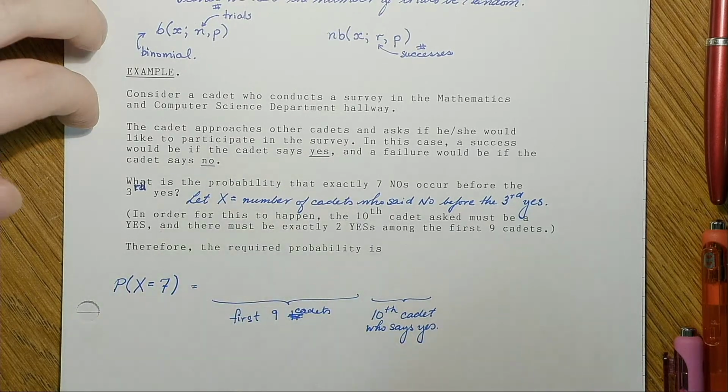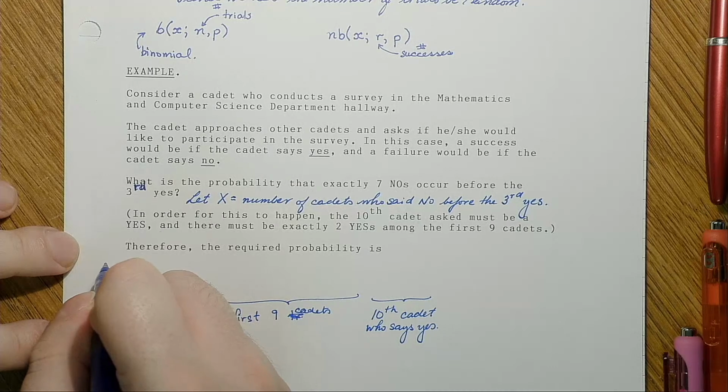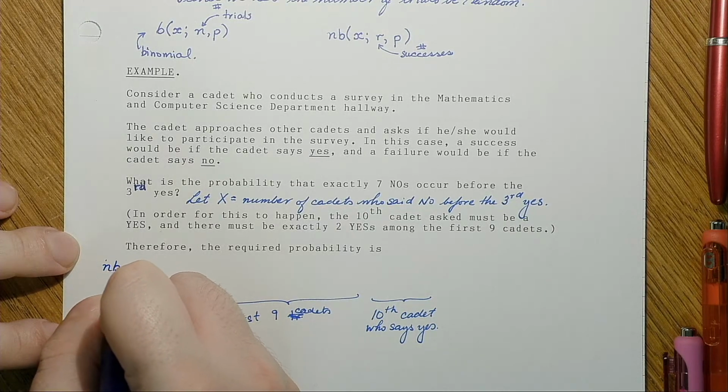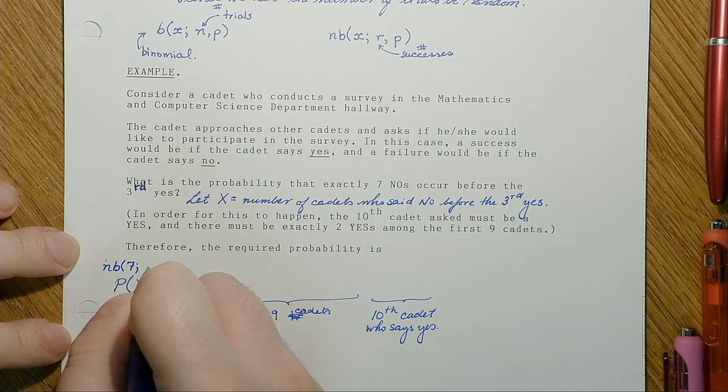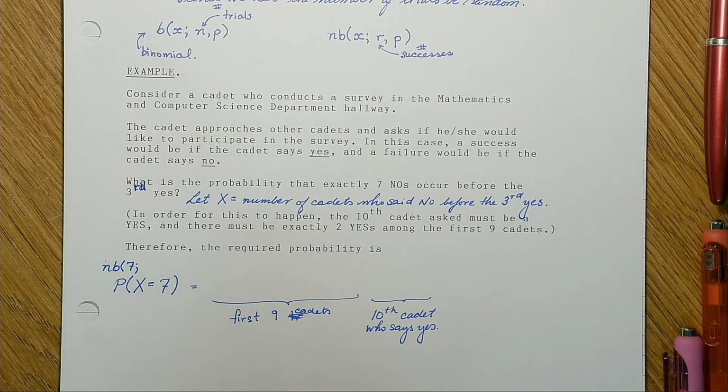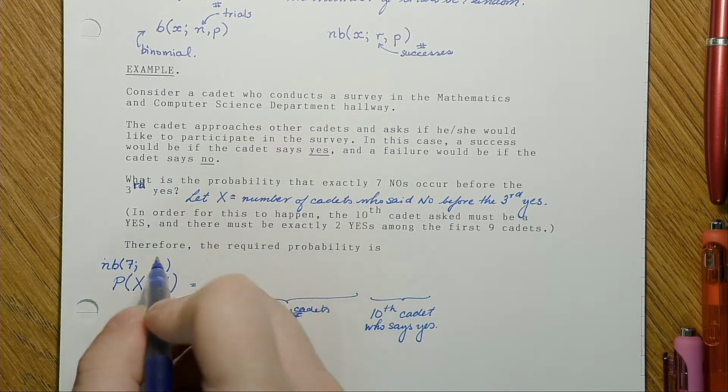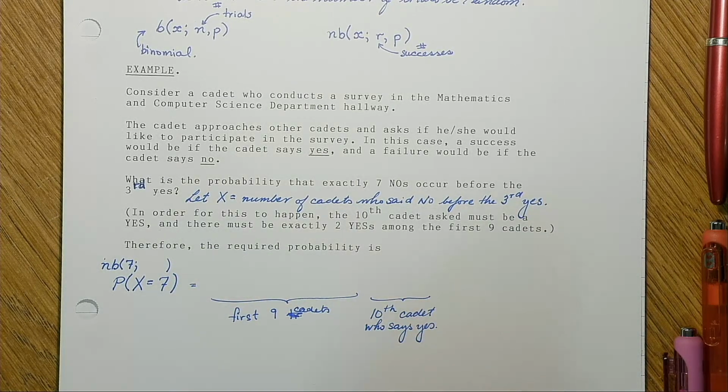So in this case, there would be 7. Now the other thing that we haven't done is we don't know what the probability of a cadet saying yes is going to be. So that is something that we need to add to this question.